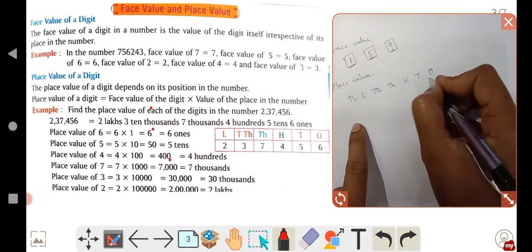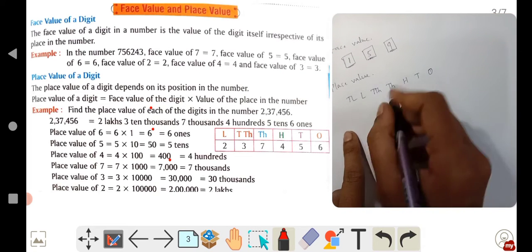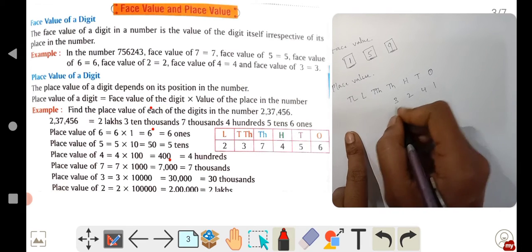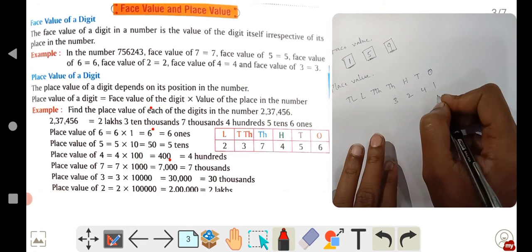And here if a number is given, 3241, how do we find the place value?